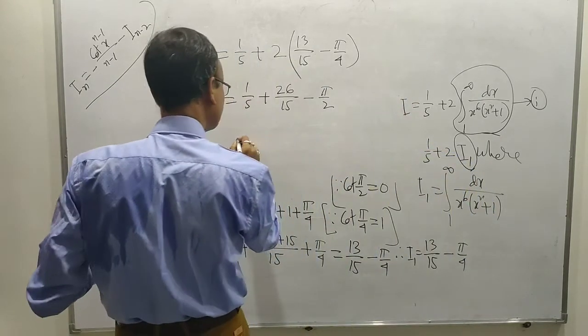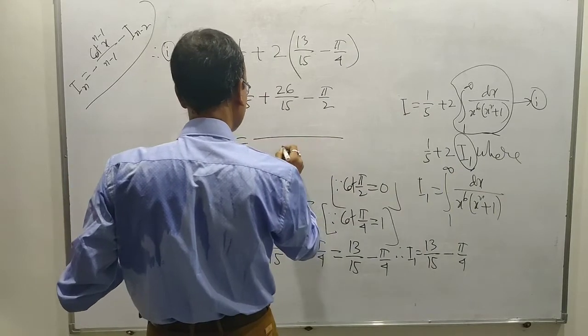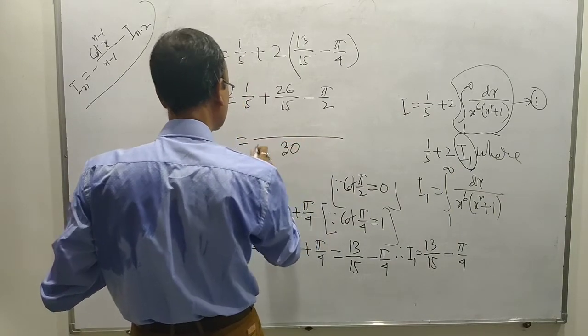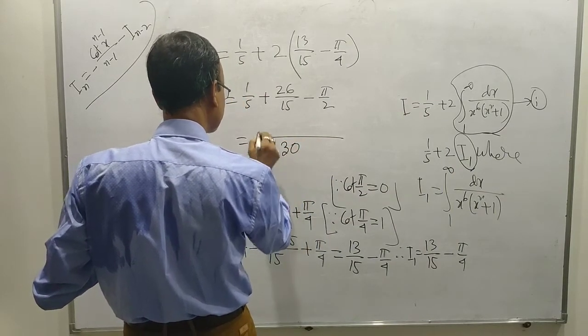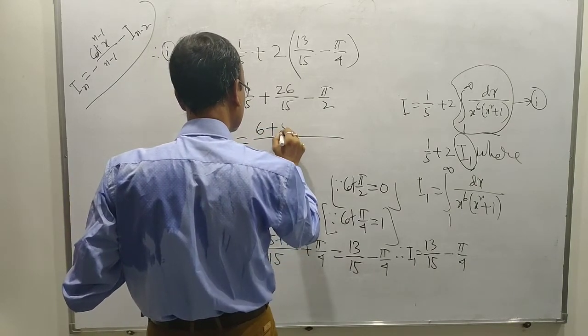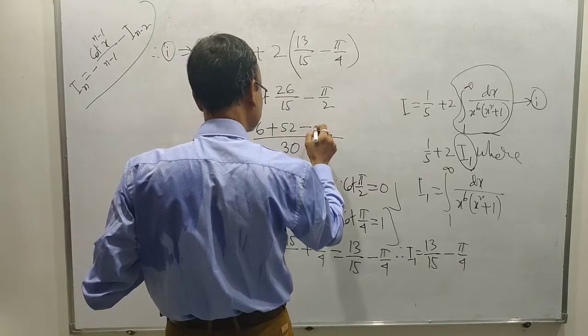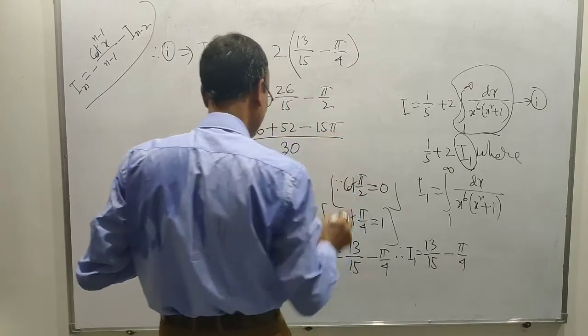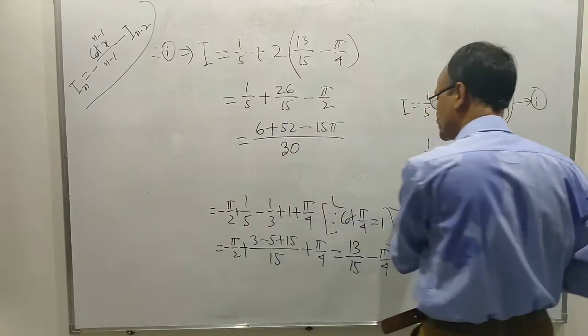This is equal to, you may take 30 common, LCM 6 plus 52 minus 15 pi. 15 pi, you may write like this.